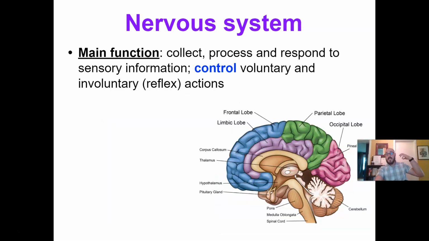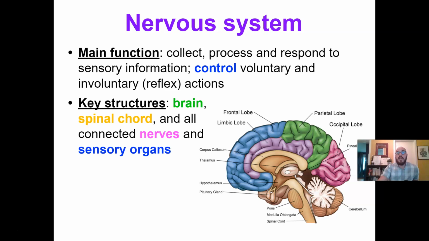Nervous system, about 20% of everything you eat goes to just powering your brain, which is incredible because your nervous system is the processing center. This is going to control both voluntary movements, so me talking and stuff, and involuntary reflexes and everything else. So smooth muscle control, cardiac muscle control, all of that's happening from your brain. All right. And so your brain is your spinal cord, your nerves, and every sensory organ you have.